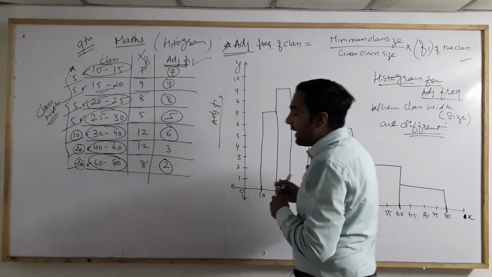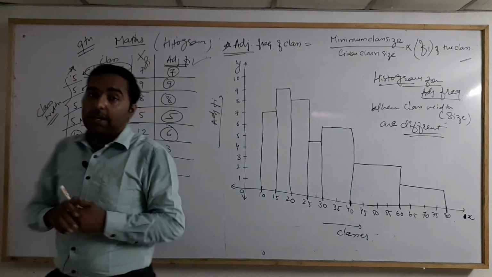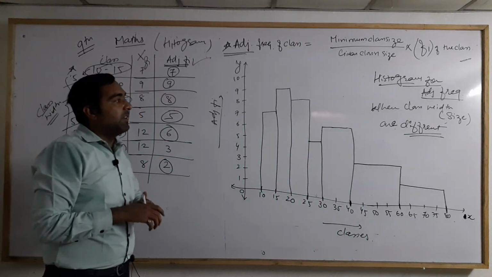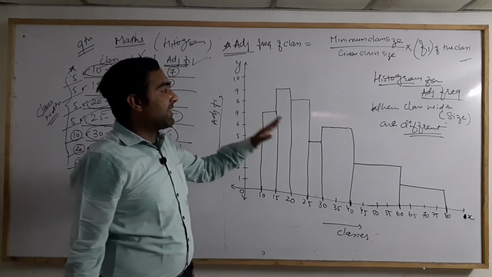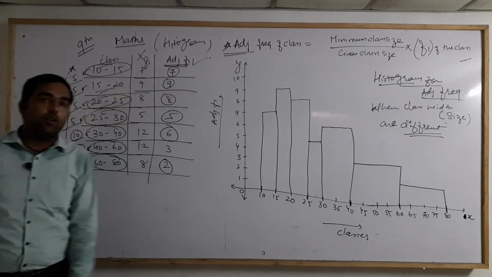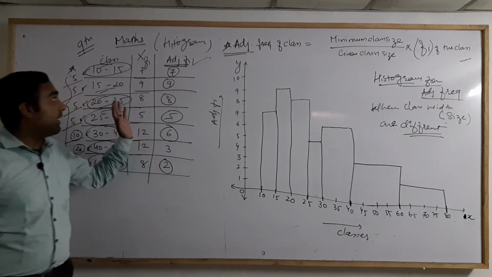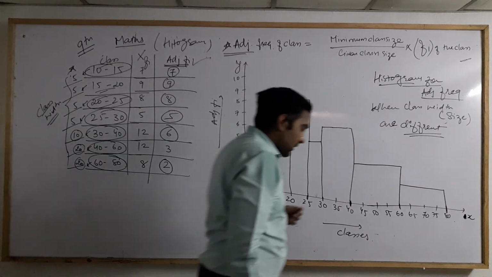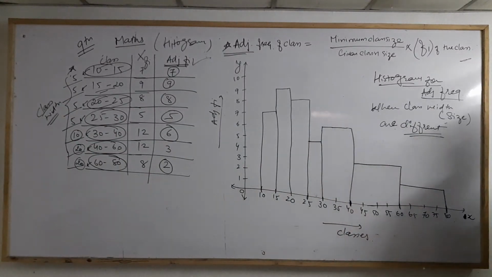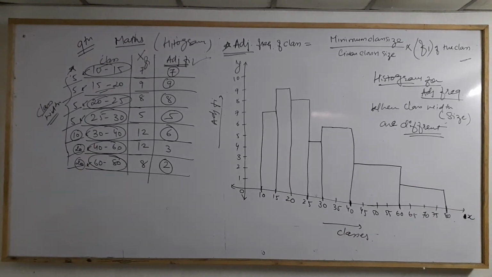Class size or class width, we have already told you class size is the class width. So when class size or class width are different in the question, we use adjustable frequency. Okay, clear students? Please note down all these things. Please note down fast.